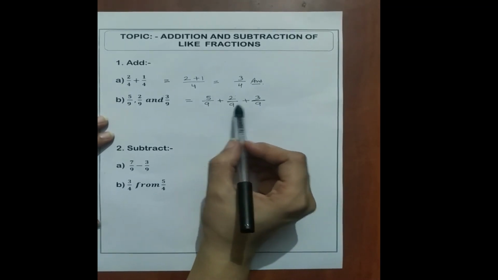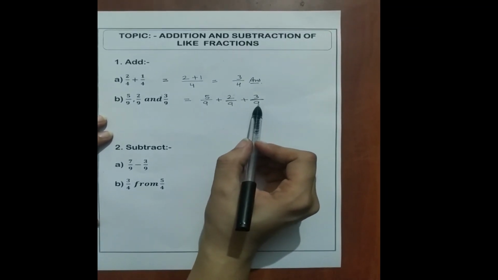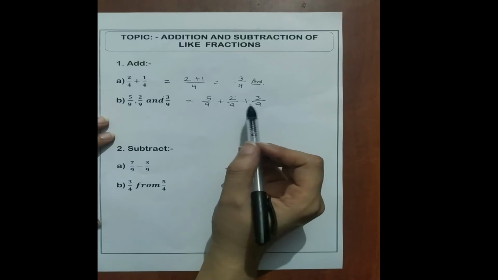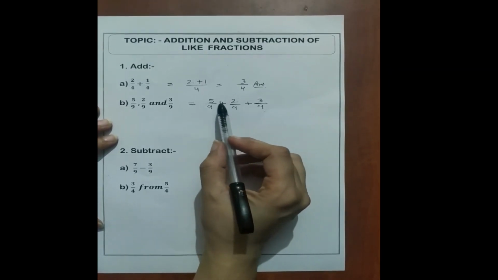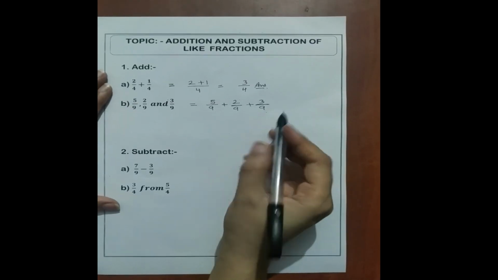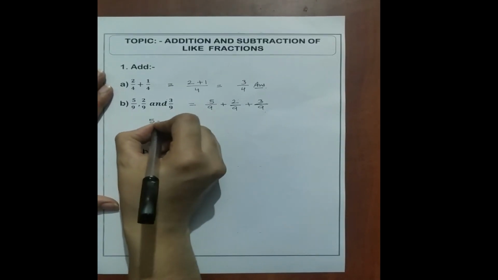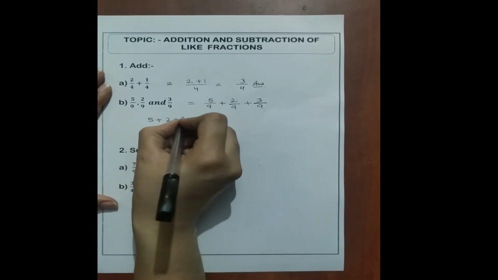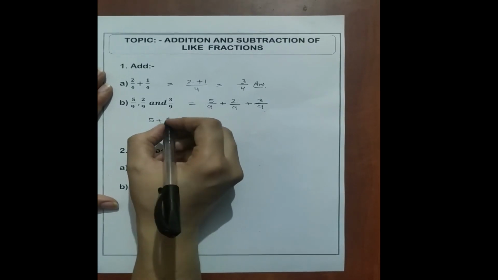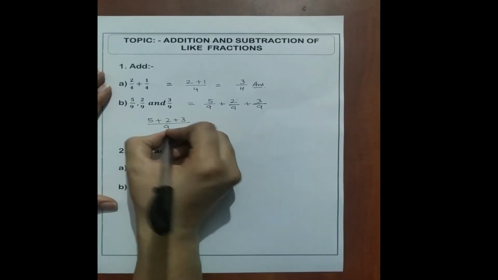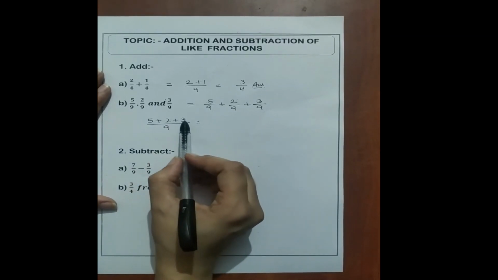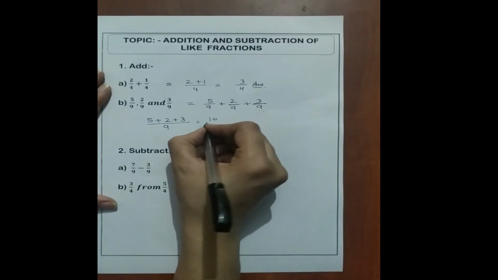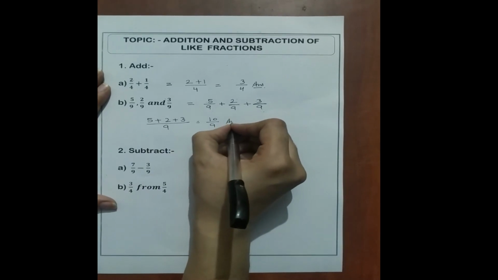The denominators are 9, 9, 9. All the denominators are same, add only numerators. 5 plus 2 is 7, 7 plus 3 is 10. 10 by 9 is the answer.